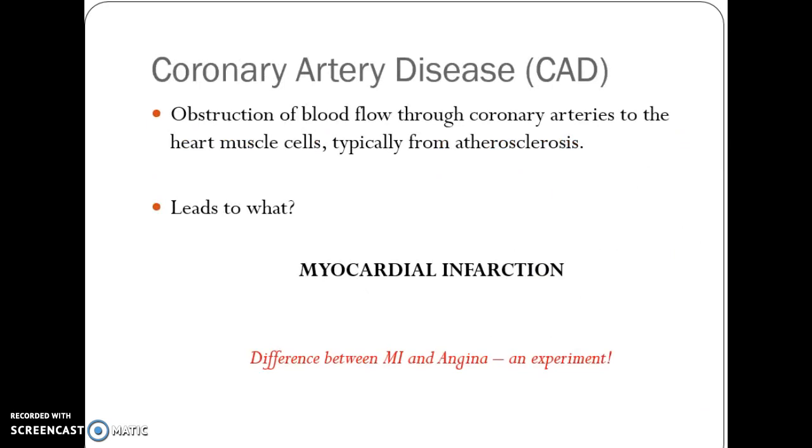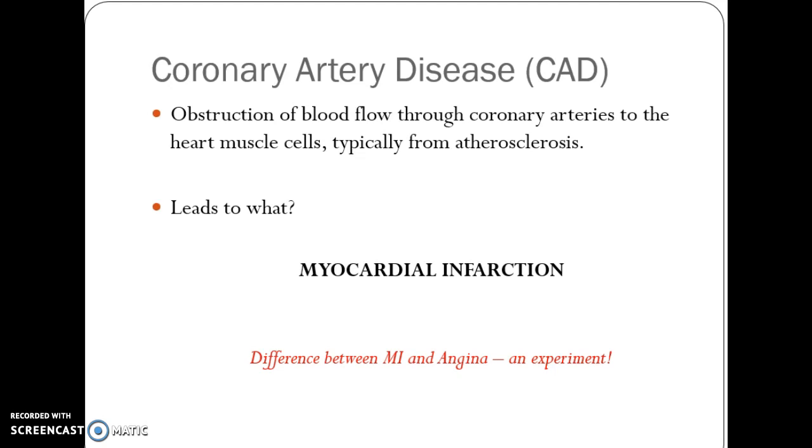Coronary artery disease is the next one. Coronary artery disease has to do with blood flow to the coronary arteries themselves. The heart muscle needs a lot of blood supply, and coronary artery disease usually is from atherosclerosis.